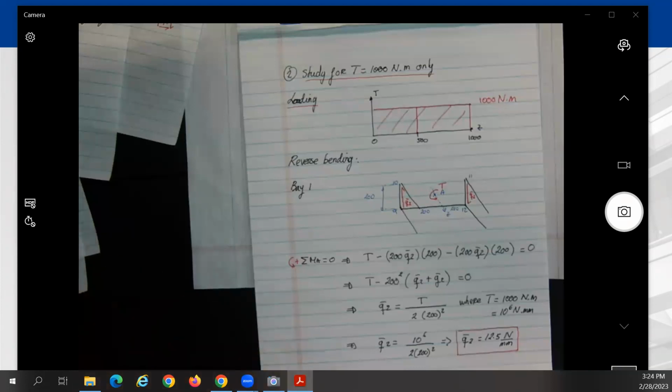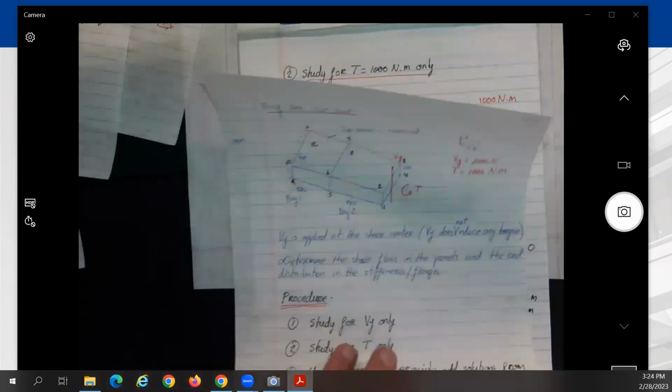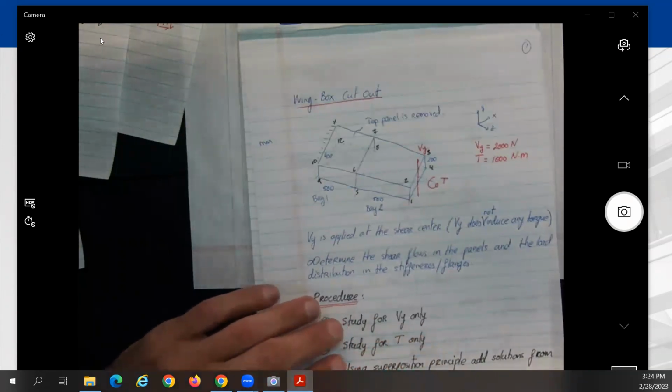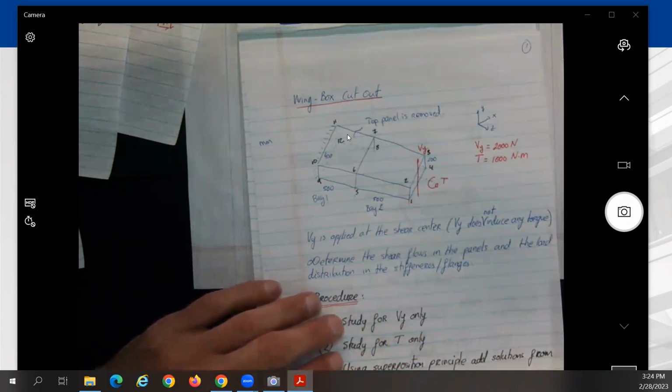Okay, so now we are left with what? We study everything for Vy only, and we calculate now, because what's happening here is that on bay 1, the top panel is being removed, no? Yes?